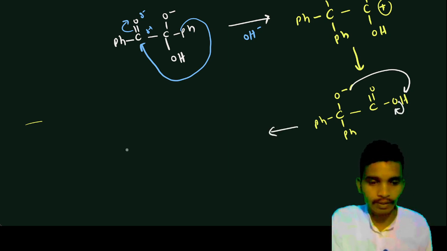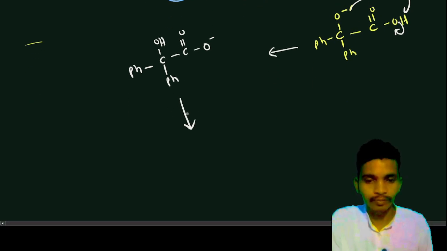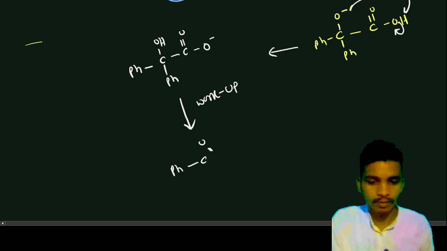So what will we get here: Ph, COH, and this is going to be the Ph, and this is going to be the bond CO, and this is going to be that O minus. After protonation, that means after work up, this will get H. It means Ph, C double bond OH, and this is going to be the Ph, and this is going to be CO, and this is going to be the OH.